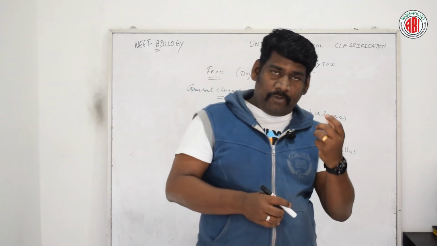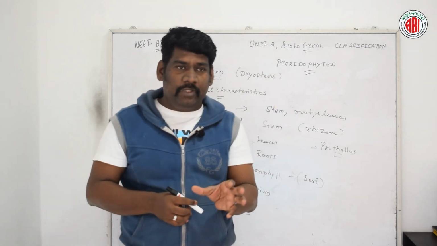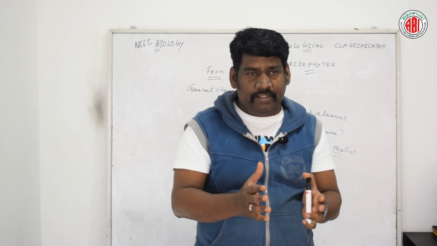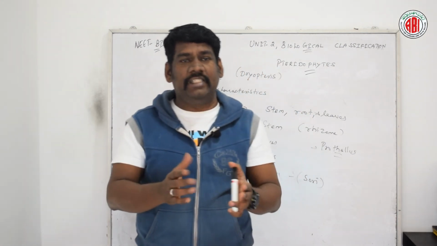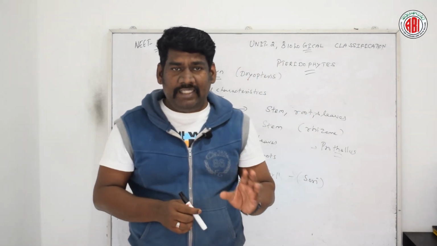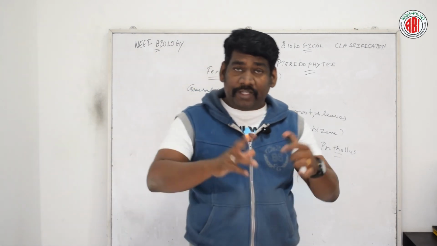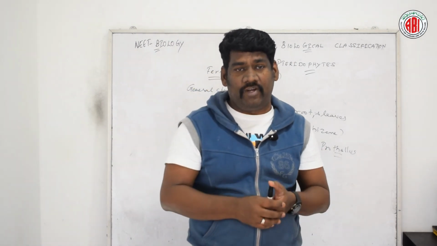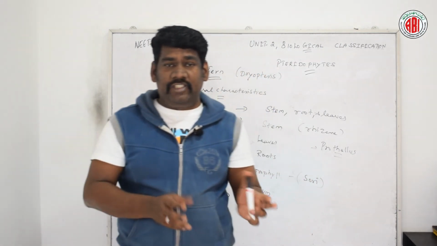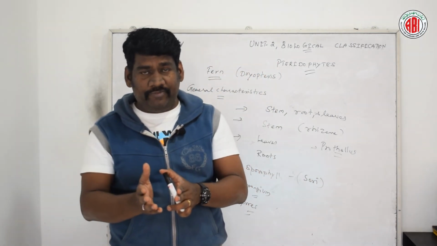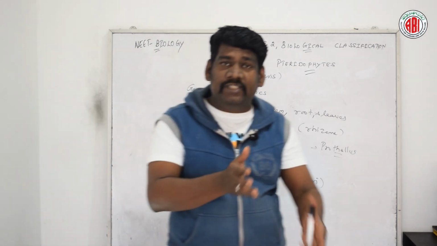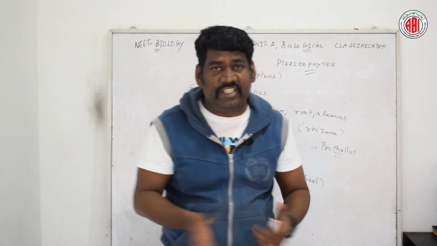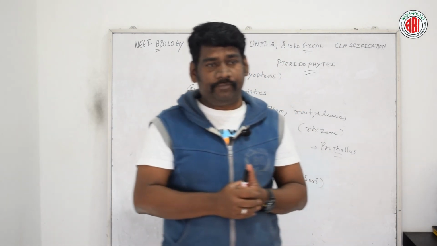Now talking about the gamete, in Homosporous the spores on germination form a prothallus on which the gametes are formed, whereas in the Heterosporous, two different types of gametophytic structure are formed. The male gamete is formed from the male gametophyte, and the female gamete is formed from the female gametophyte.